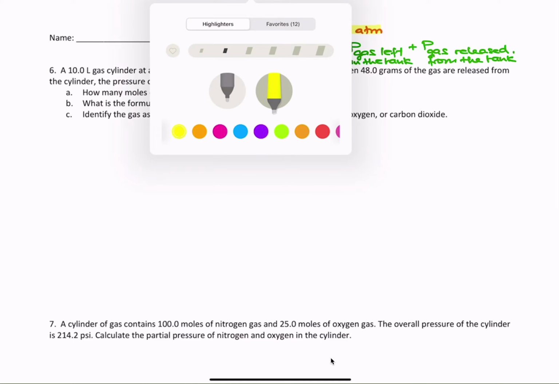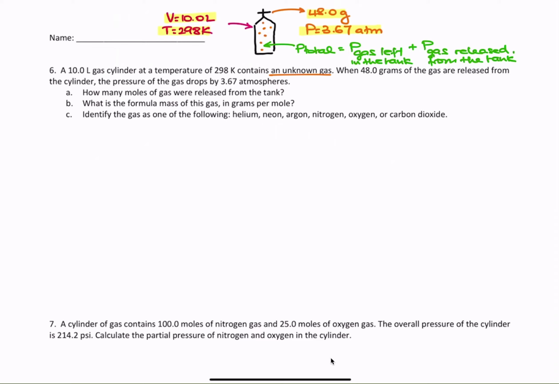They both have the same volume and the same temperature.